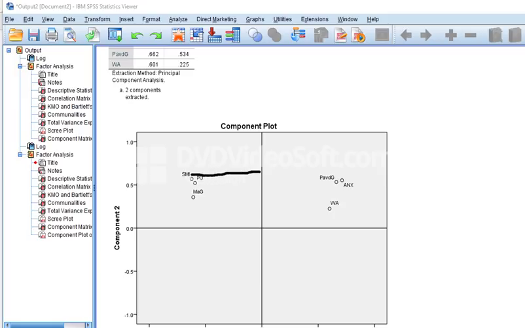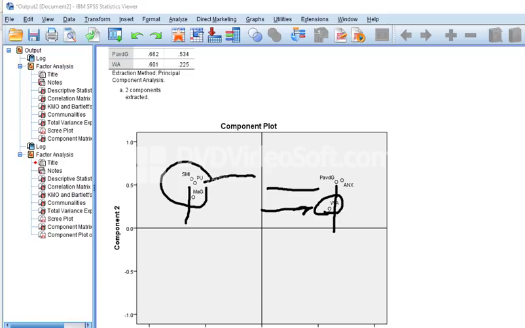When we plot out the coordinates for all of our measured variables, they're falling pretty much in this indeterminate space on both components, exhibiting largely the same loadings. The most unambiguous one is this work avoidance here, which is loading clearly higher on component 1 than component 2. So what we can do is rotate the axes.